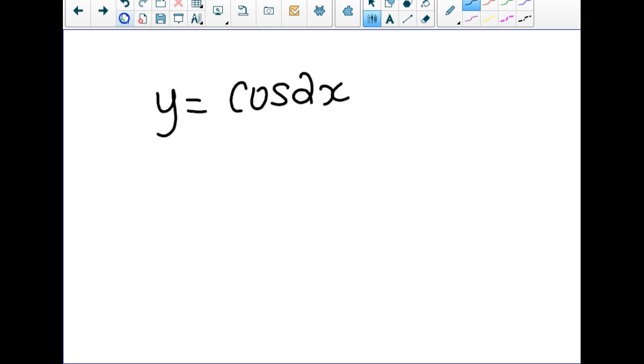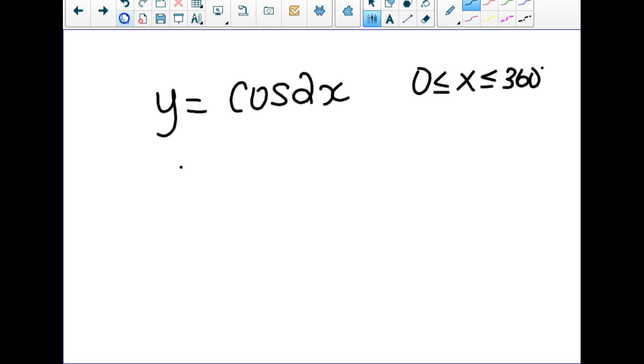Say I had this, and we want to stay between 0 and 360 degrees. Okay, so we're not going to have radians on our bottom, on our Cartesian plane. We're going to have degrees now.